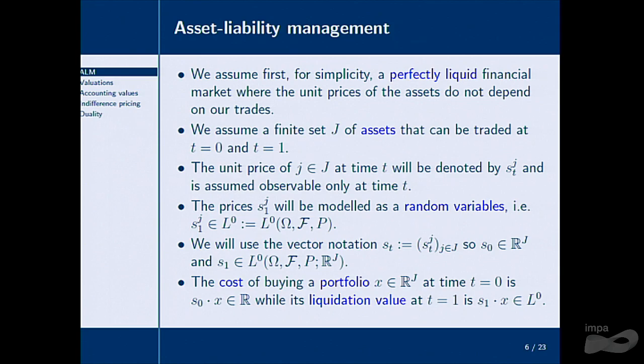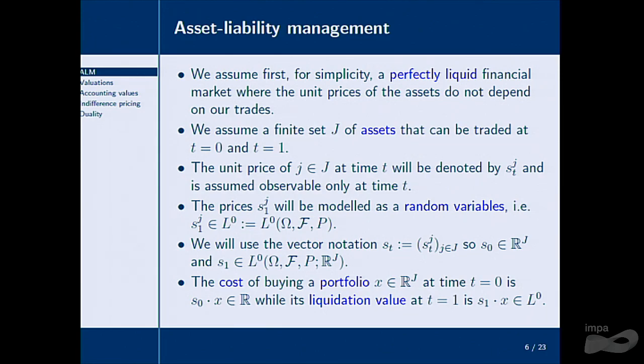For now, we assume that the market is perfectly liquid. That's not necessary for the theory at all. I just do that in order to simplify notation and the model, so you don't have to waste capacity on thinking of that instead of the economic implications of things. So we assume that everything is liquid. There's a finite set that I denote by capital J, a finite set of assets that are traded in the market.